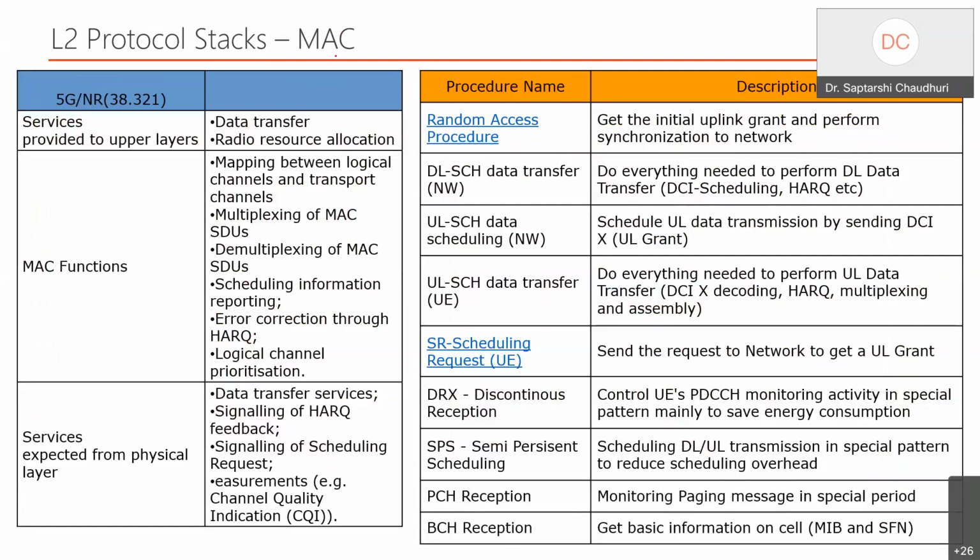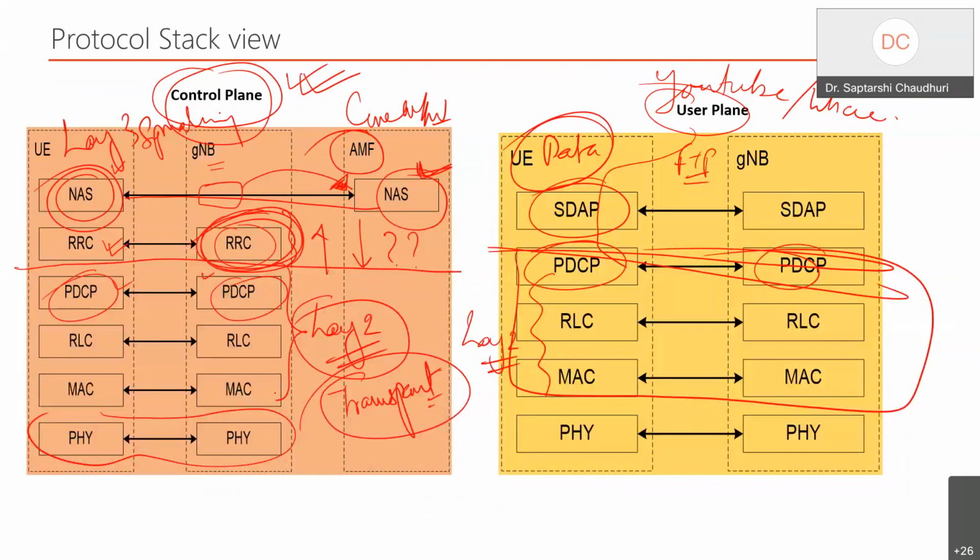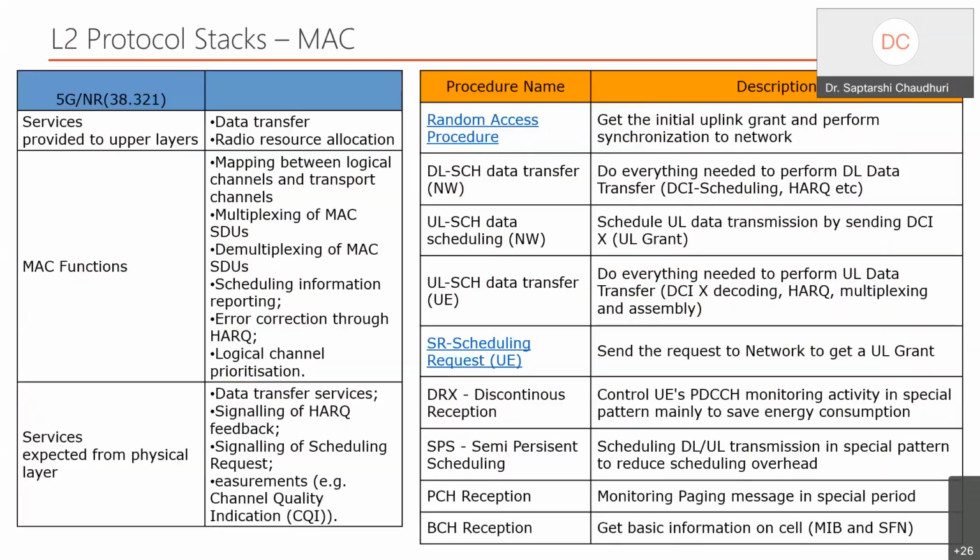Now let's see the first layer. If you see, now we are here, at the guy called the medium access control talking to the physical layer. This is where we'll see how the MAC plays its role. Now, what is the main entity that it's bothered about?